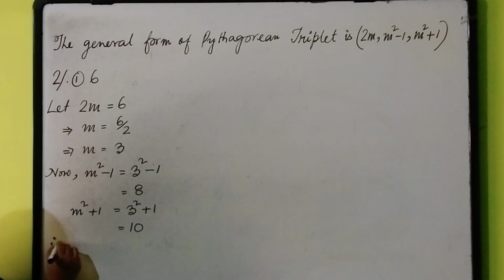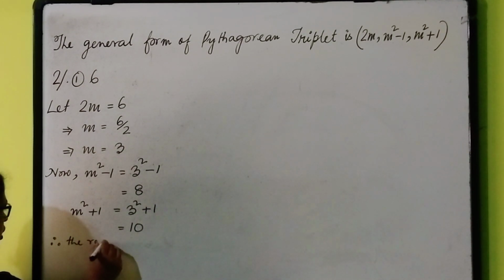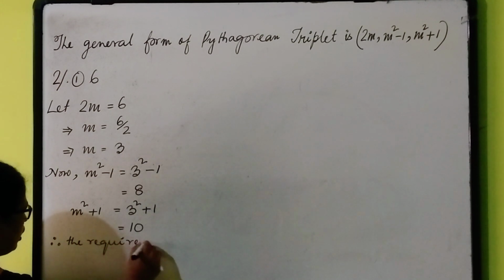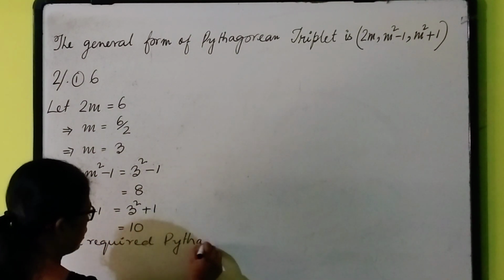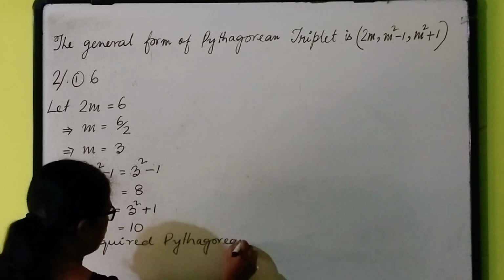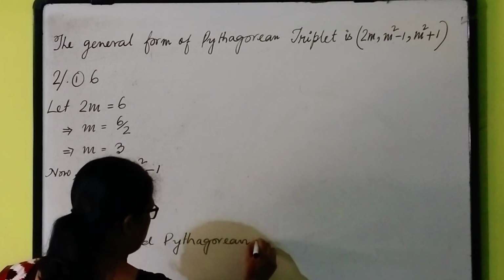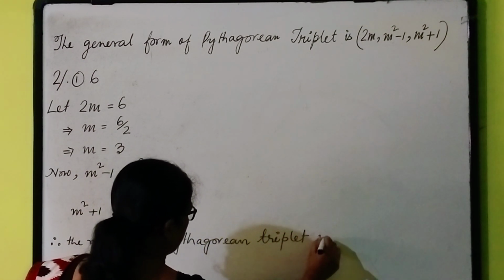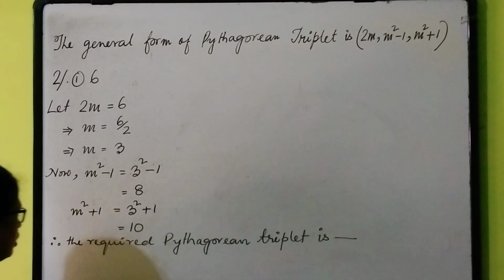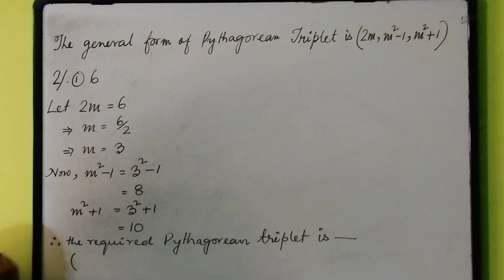So, therefore, the required Pythagorean triplet is how to write? Give the bracket.